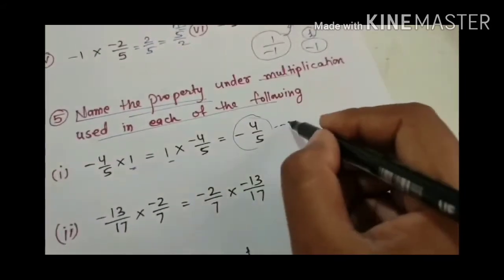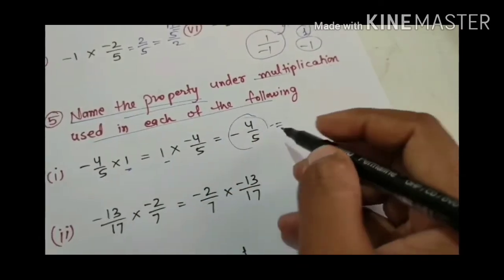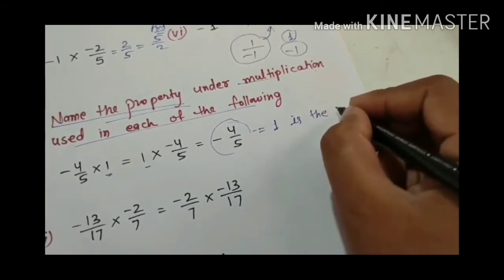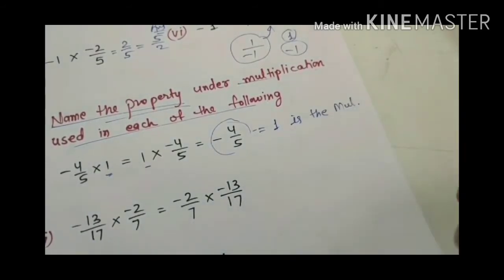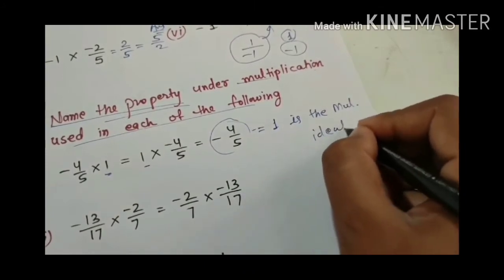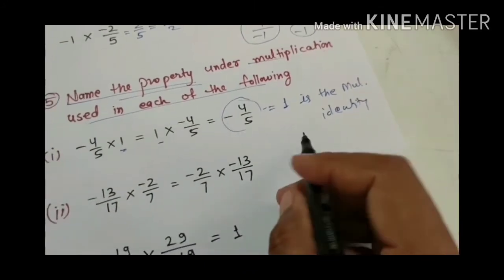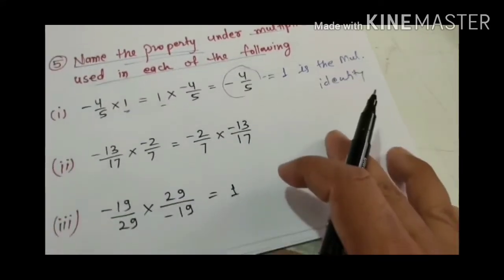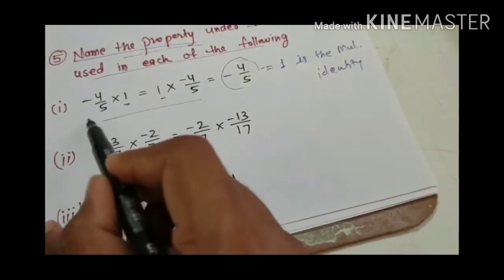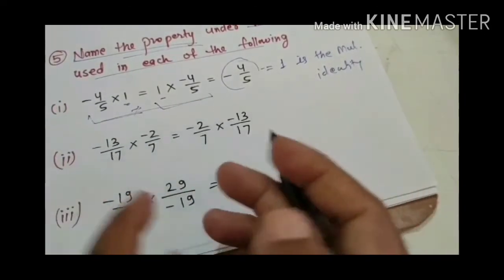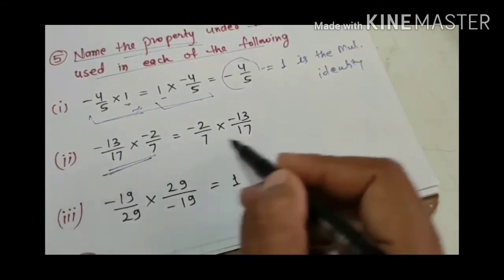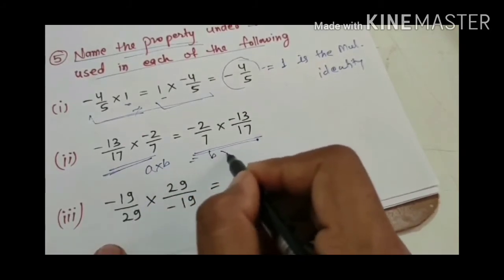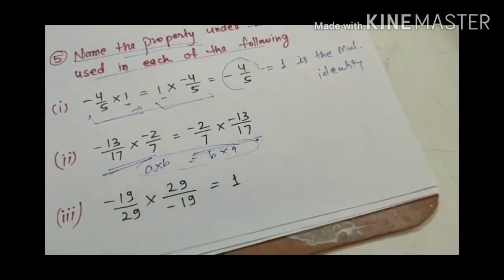Now 1 is on this side, now it comes to this side, the answer will be the same. So 1 is the multiplicative identity, everywhere 1 is there. 4 by 5 into 1 is equal to 1 into 4 by 5.